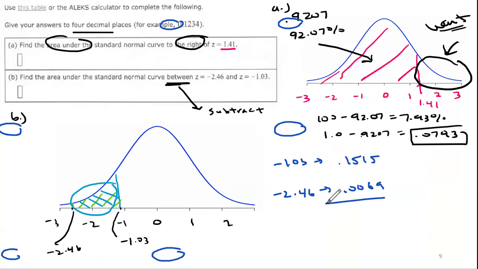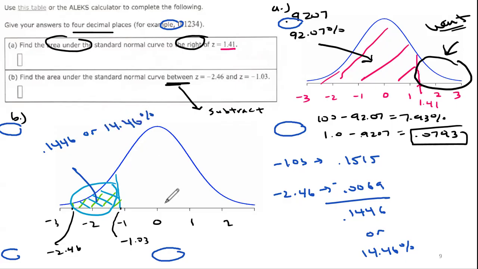All we're doing is subtracting them. When we do that, we get 0.1446, or 14.46%. So that's what this is representing: 0.1446, or 14.46%.